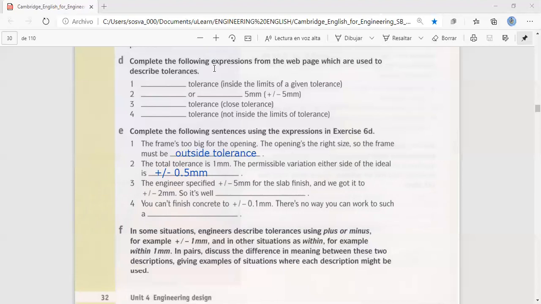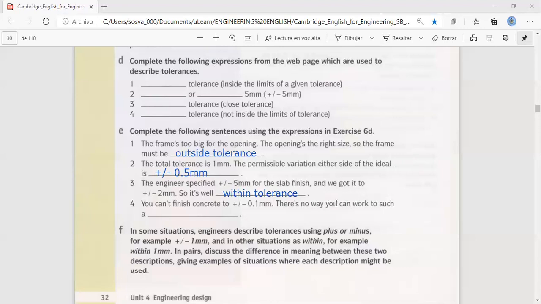I mean, the engineer specified 5 millimeters and you've got 2. That means that you are into the range, well within tolerance, right? Yes. Within tolerance because you're in the same range. You're not more than 5, so you're within tolerance.